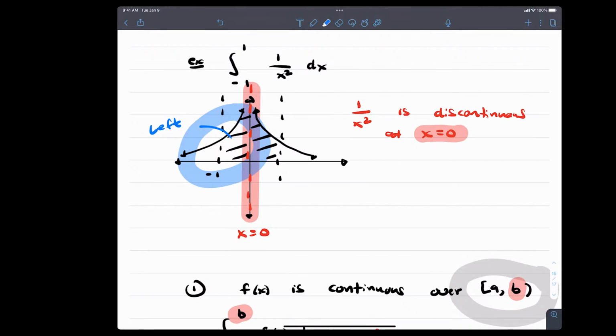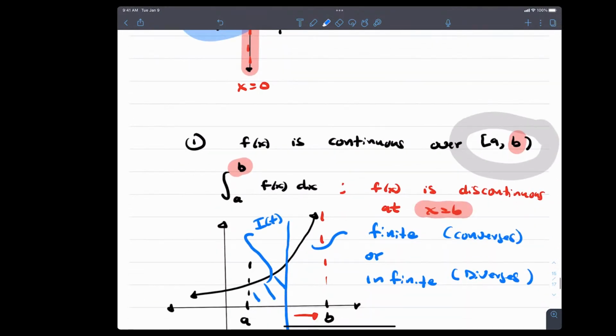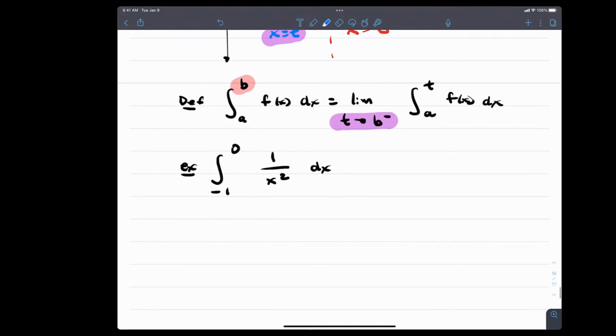So my right endpoint has a discontinuous value there. Here's my problem: this is where x is discontinuous. So 1 over x squared is discontinuous at the right endpoint.